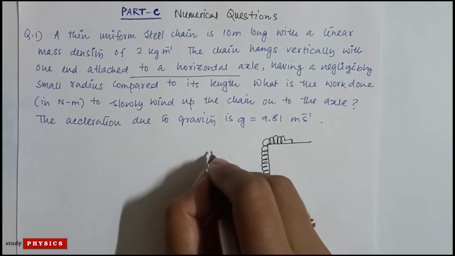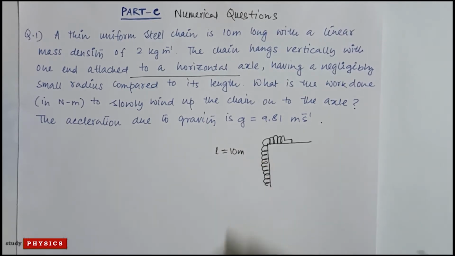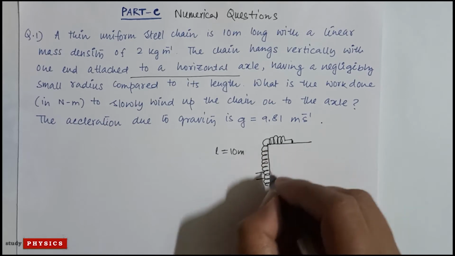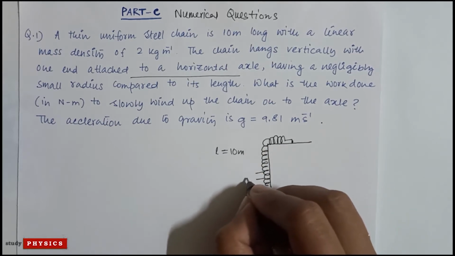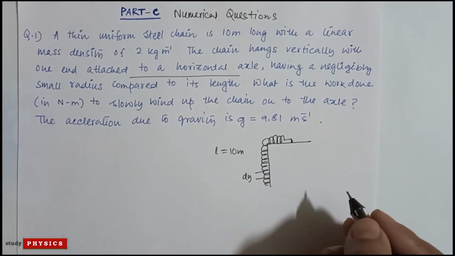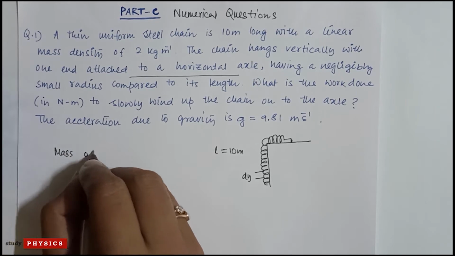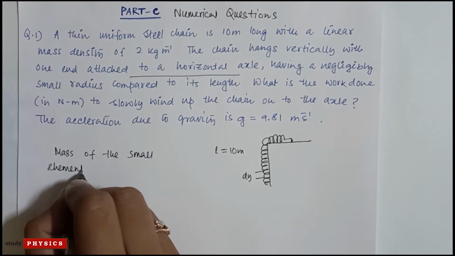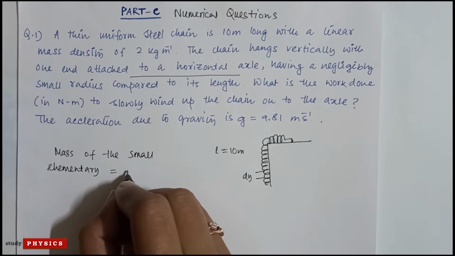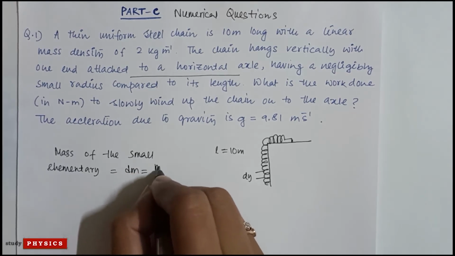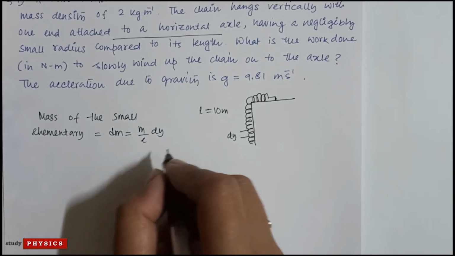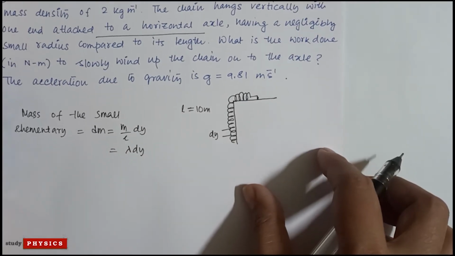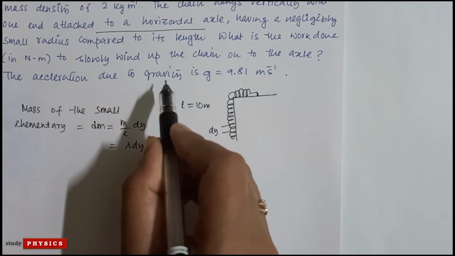This is a chain whose length is 10 meters, and if the total distance is y and the small elementary length is dy, then we can write that the mass of the small element is dm, which is m by l dy, and we know that linear mass density lambda is m by l, so dm is lambda dy.